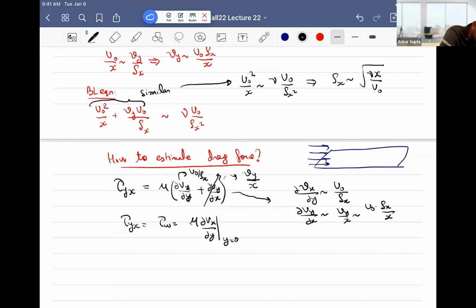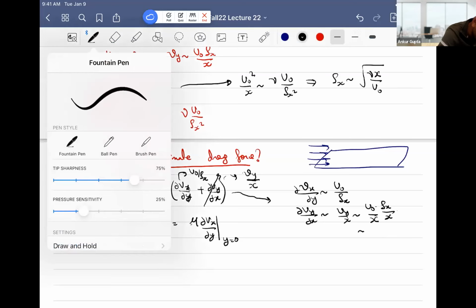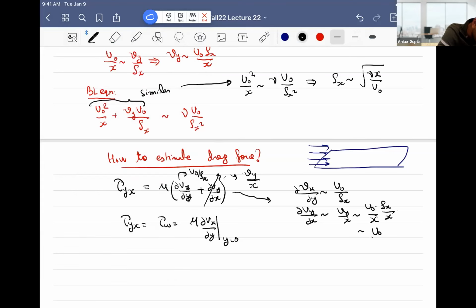I'm just taking the continuity equation, and then this will become u naught, kind of similar to how you did in your other problems earlier in the course. So it will become delta square by x square. So this is very small compared to the other term, because it has a factor of delta by x whole square. Make sense? Does that help?